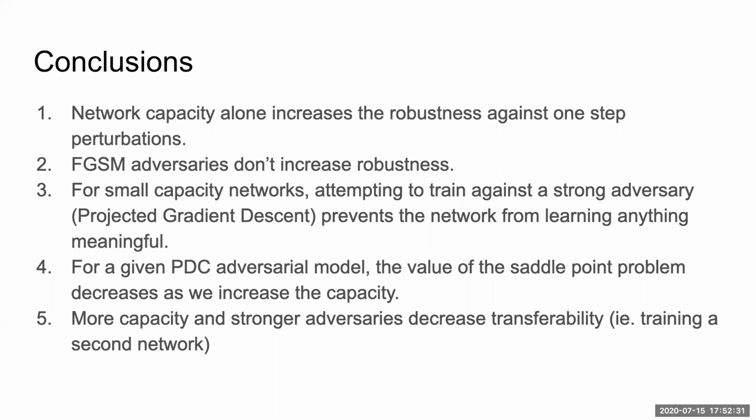So for a given set of generated PGD adversarial data and regular data, we'll get better performance as the size, the depth of the network increases. And then the fifth point is that more capacity and stronger adversaries decrease transferability, meaning training a second network and using that to try to generate instances that will, in essence, break the original network.